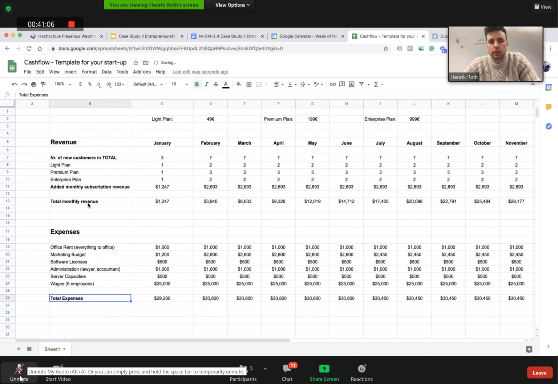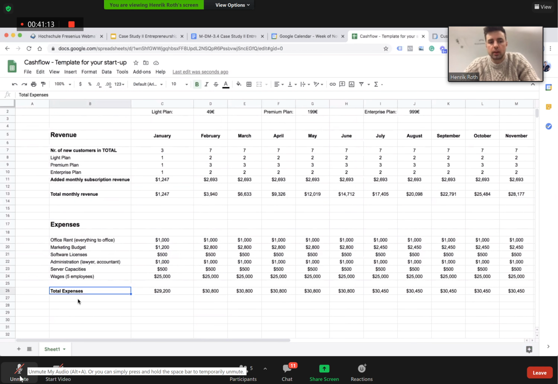So this is your income here, and that's your outflow of money, right? So now the million-dollar question is, how does the cash flow look? Because you cannot pay more money than you have in your bank account. Usually there are many more lines here, like interest rates, small fees to the bank, and so on.